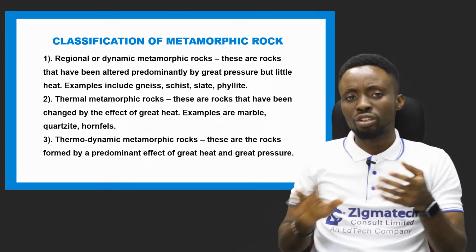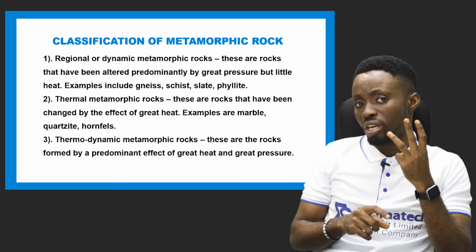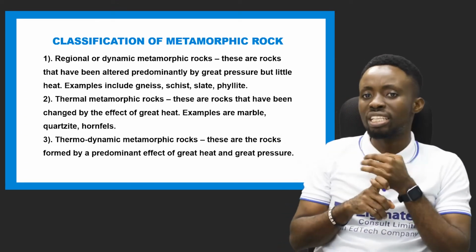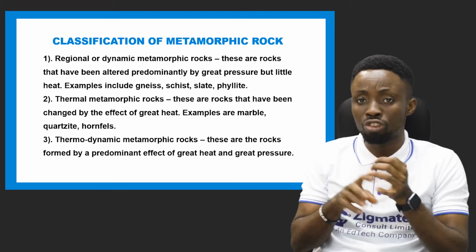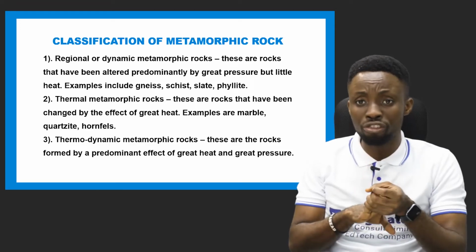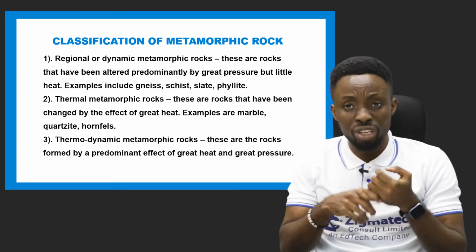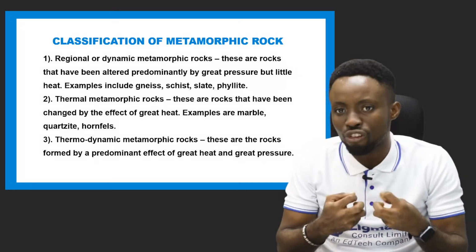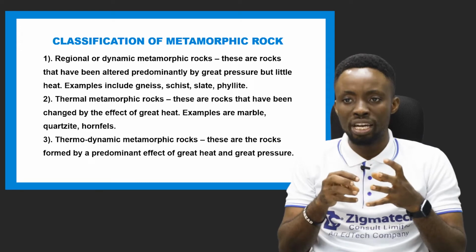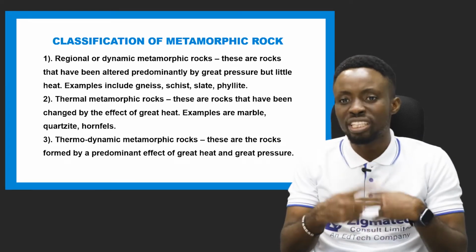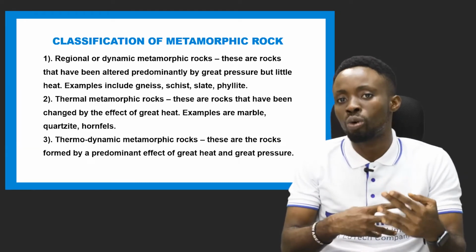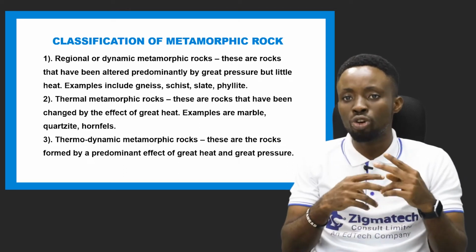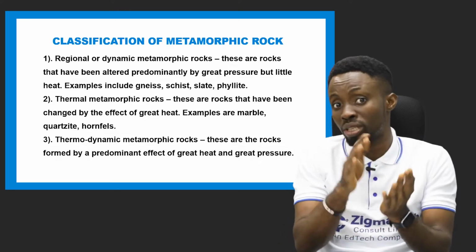Now, metamorphic rocks are actually classified into three categories. They are classified based on dynamic or regional metamorphism. Then, if it's caused by heat, we call it a thermal metamorphic rock. Then, if it's caused by heat and pressure, we call it a thermodynamic metamorphic rock. So the first one is actually caused by pressure, which is the regional or dynamic metamorphic rock.